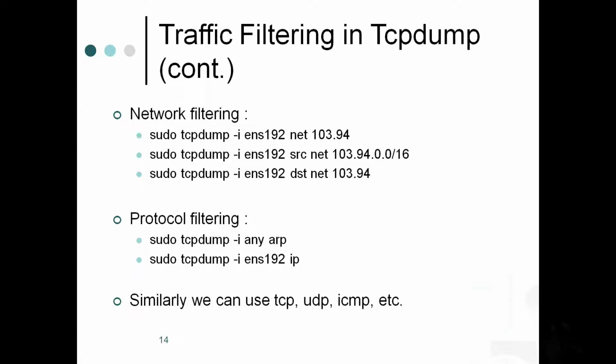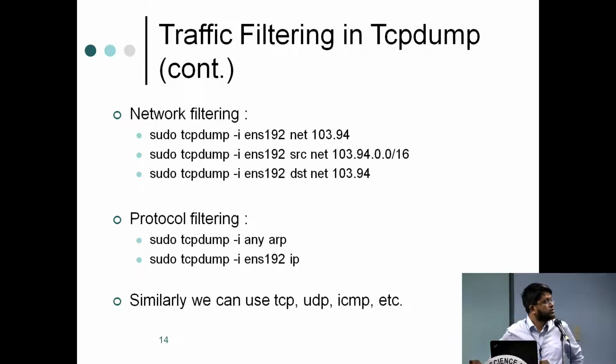Next, we can also define a network level. At the host level, you have to define one particular host, but we can define it on the network level, so we get packets from all these networks or sub-networks. We can define 103.94.